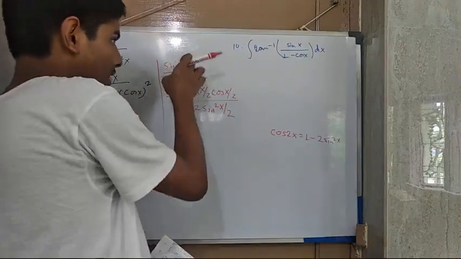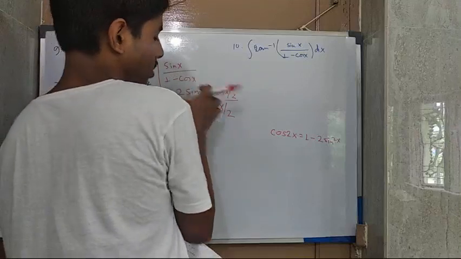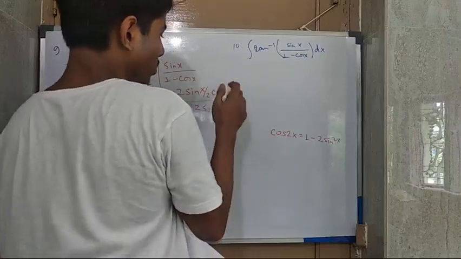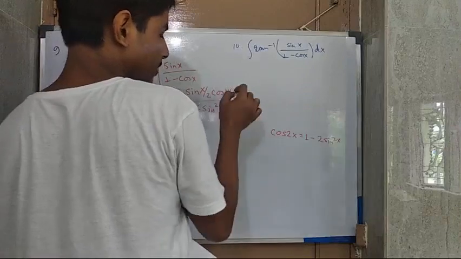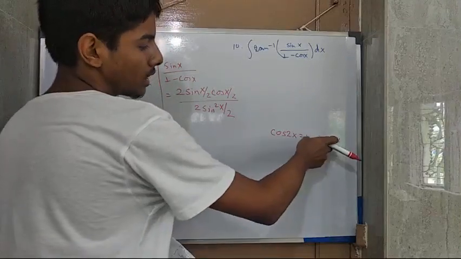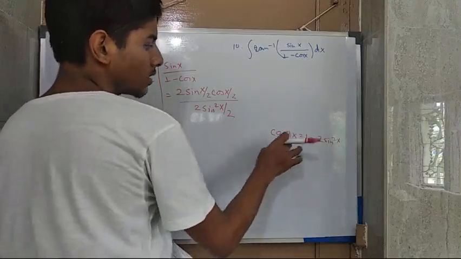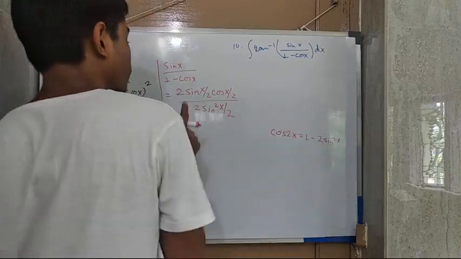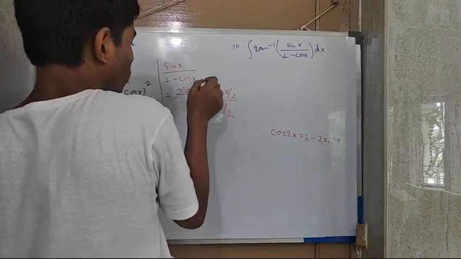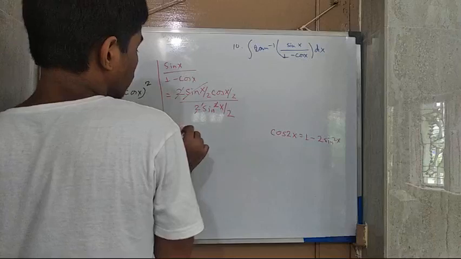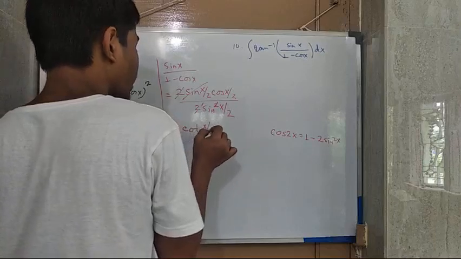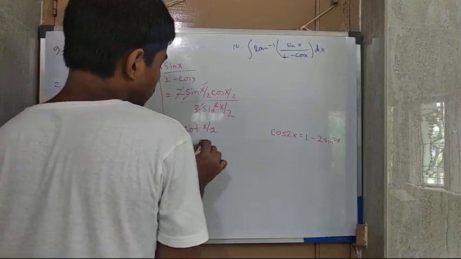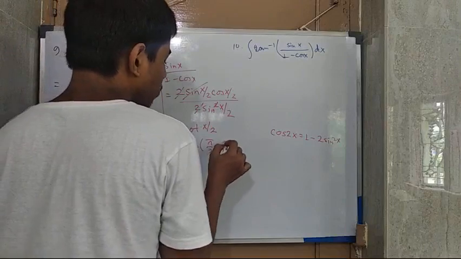So here 2x is x, and so x is x by 2, and you can just change the side, that is 2 sin squared x is equal to 1 minus cos 2x. So cancel them out as well. So this will give you cot x by 2, which is actually tan of pi by 2 minus x by 2.